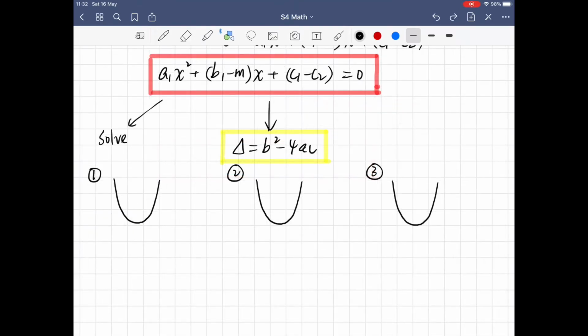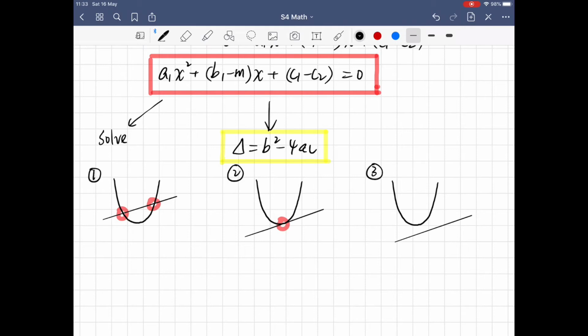So when we consider delta, there are three cases. Graphically, the three cases look like this. The first one will be like this, and the second one will be like this, and the third one will be like this. Visually we can see that in the first case there are two intersections, in the second case there is one intersection, and for the third case there is no intersection.